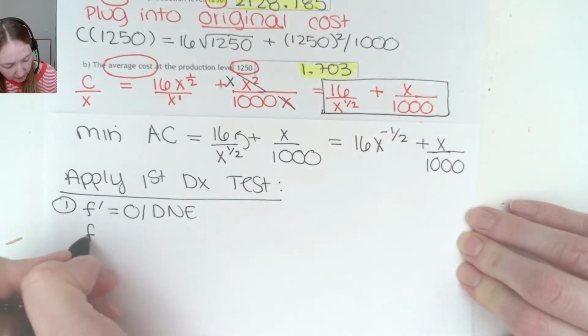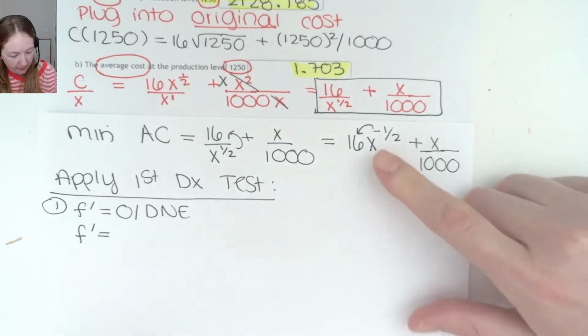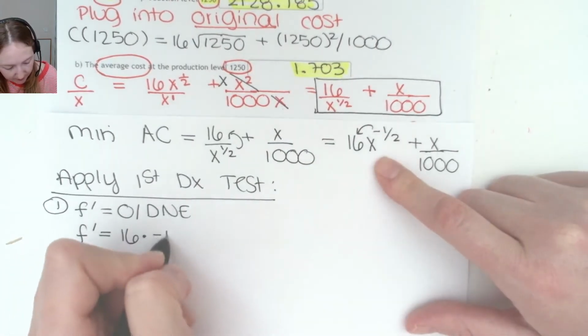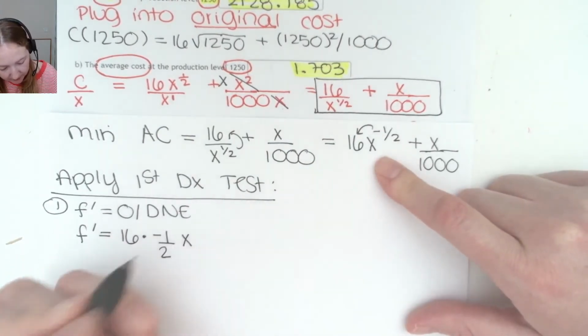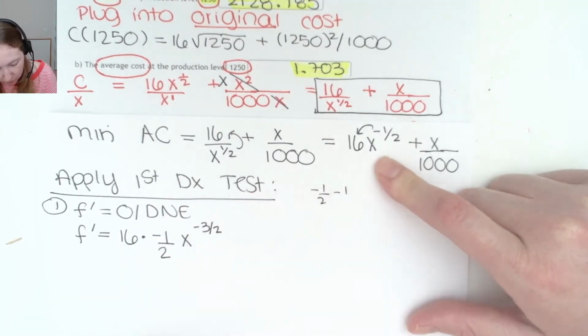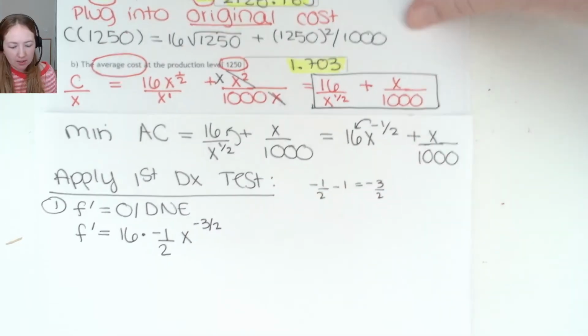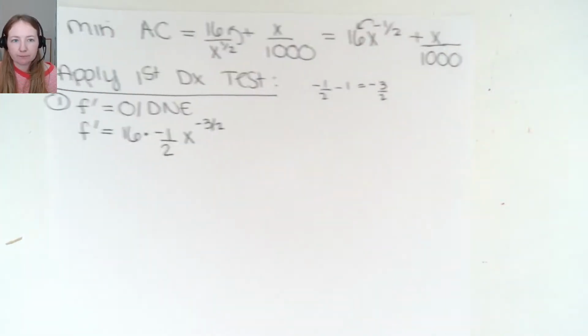My derivative is going to be bringing down the negative 1/2. It will be 16 times negative 1/2 x to the negative 3/2. Again, negative 1/2 minus 1 is where I'm getting the negative 3/2 because I am differentiating this average cost function.